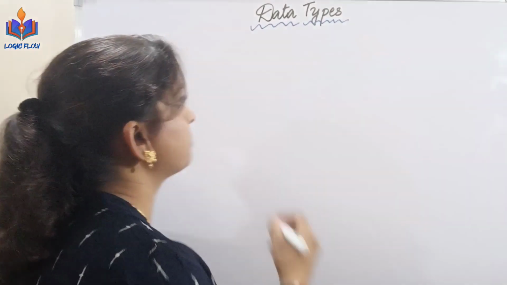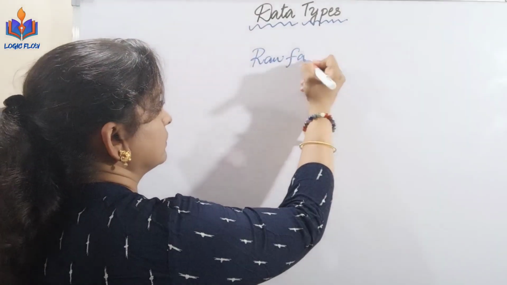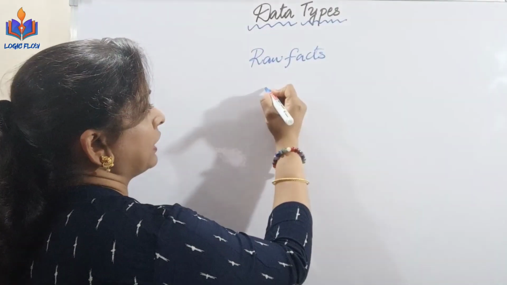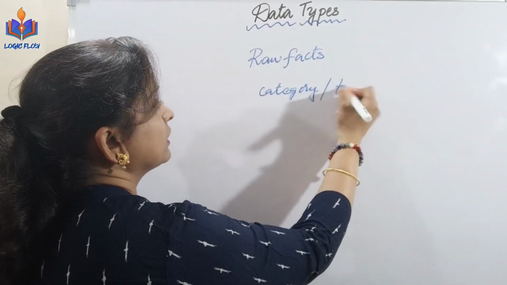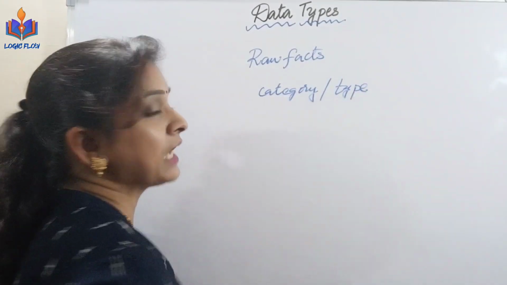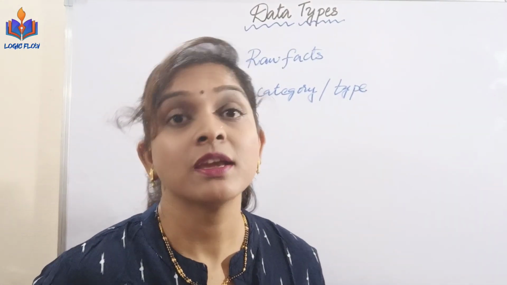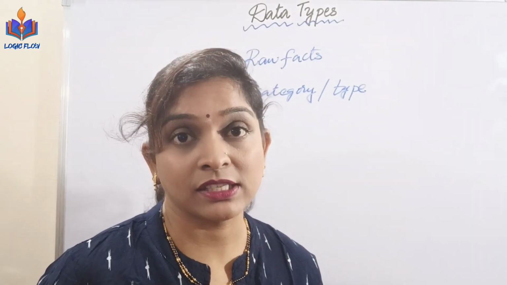Data types. Data is nothing but raw facts. And types specify the type of data, the category of data, that I am going to accept for my program. When I say data, the collection of raw facts, I can collect a variety of data.